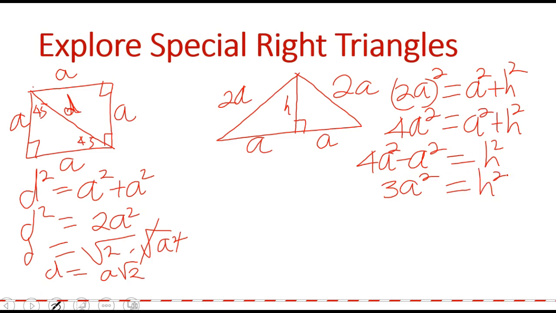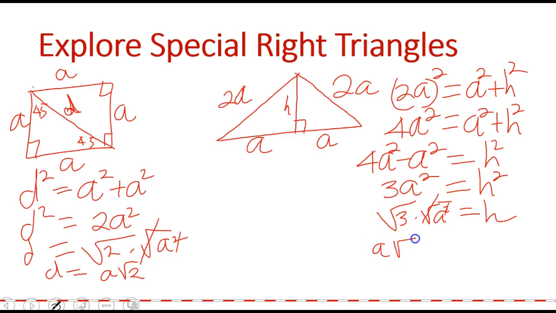Now we take the square root of both sides to solve for H. The square root of 3 times the square root of A squared is equal to H. The 3 is not a perfect square, so we leave it, but the square root crosses out the square.